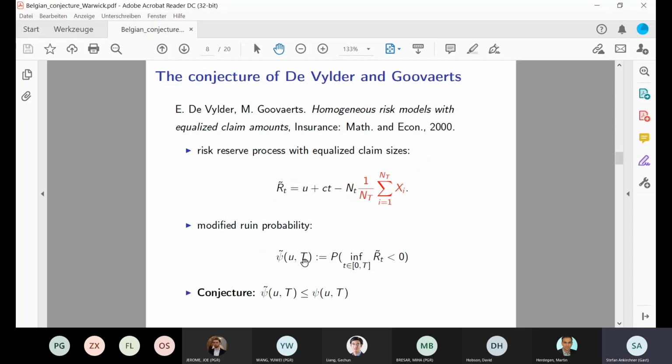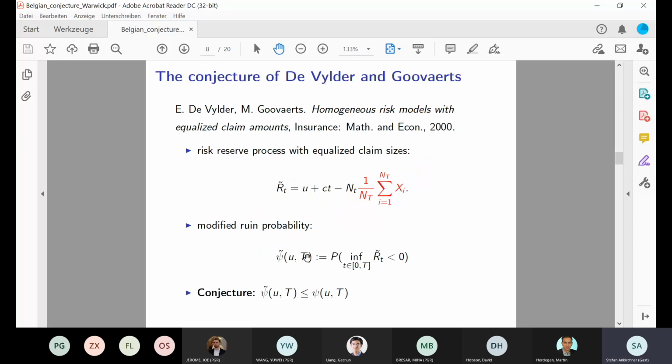What De Vylder and Goovaerts looked at is the ruin probability for this modified risk reserve process, so with which probability does the modified reserve process hit zero up to time capital T?